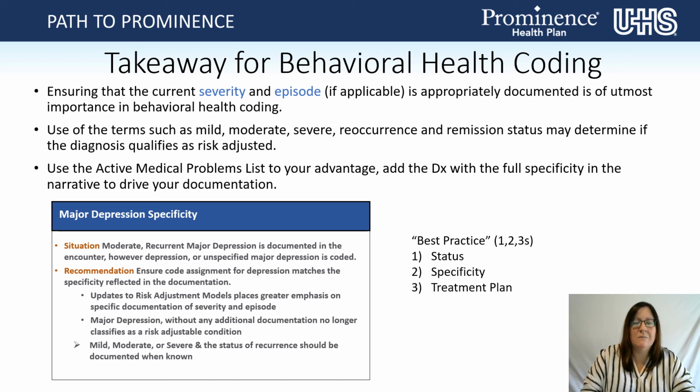Updates to the risk adjustment model place greater emphasis on specific documentation for severity and episode when it comes to depression. Major depression without any additional documentation specifics no longer classifies as risk adjustable. Be sure to include mild, moderate, or severe and the status of the recurrence, which should be documented if known.